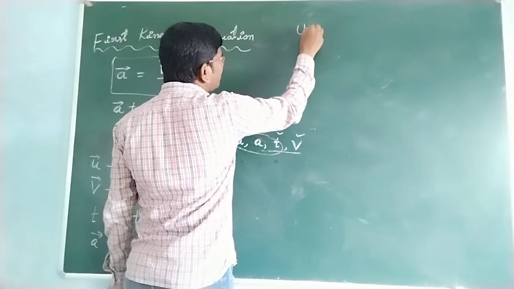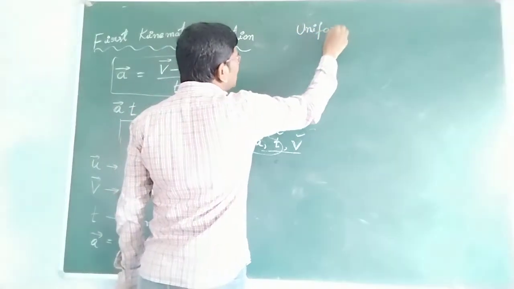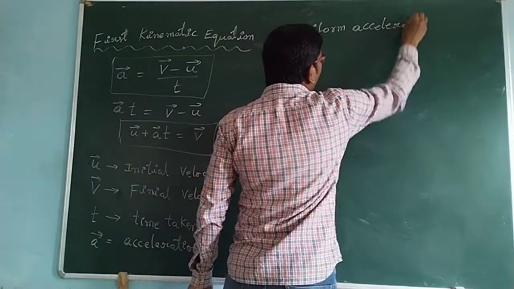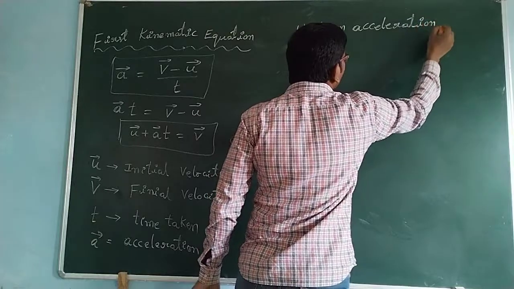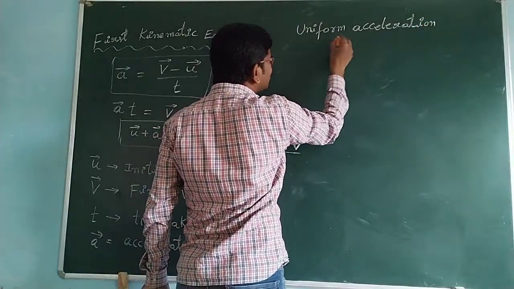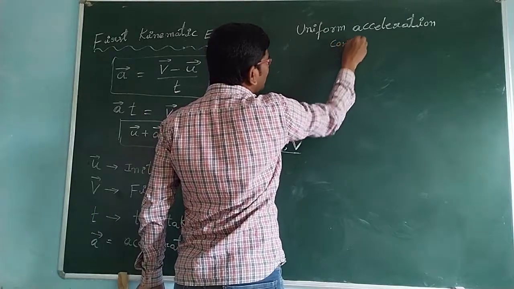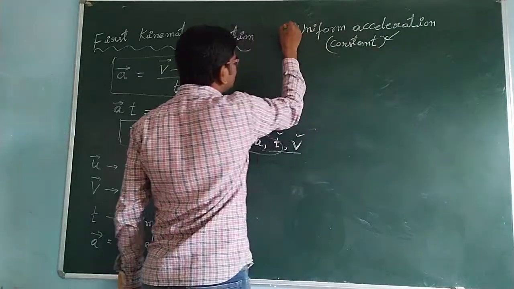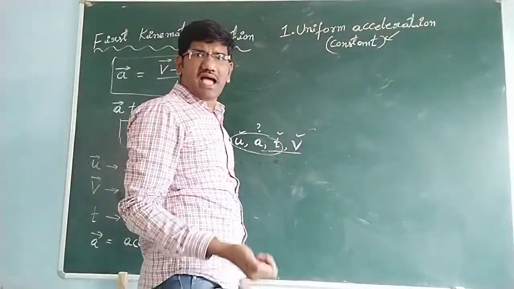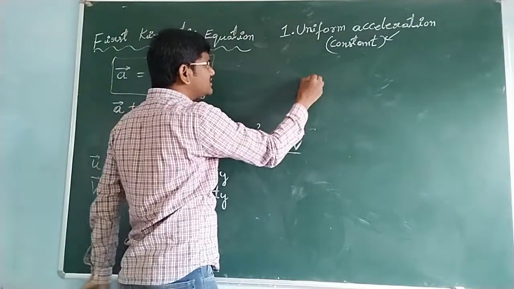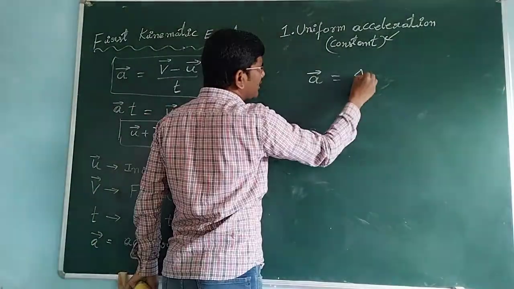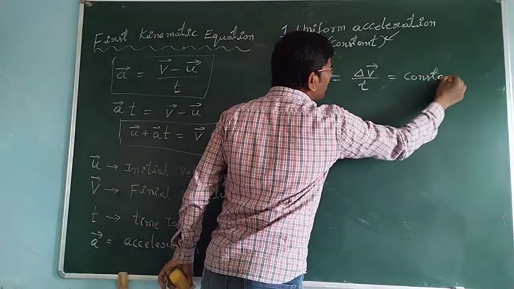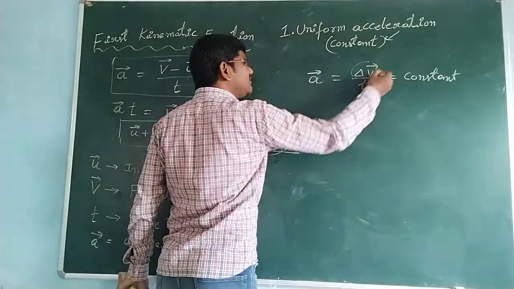uniform acceleration. Okay students, what is that? Uniform acceleration, or it is also called constant acceleration. Acceleration can be constant, meaning the change in velocity must be constant.